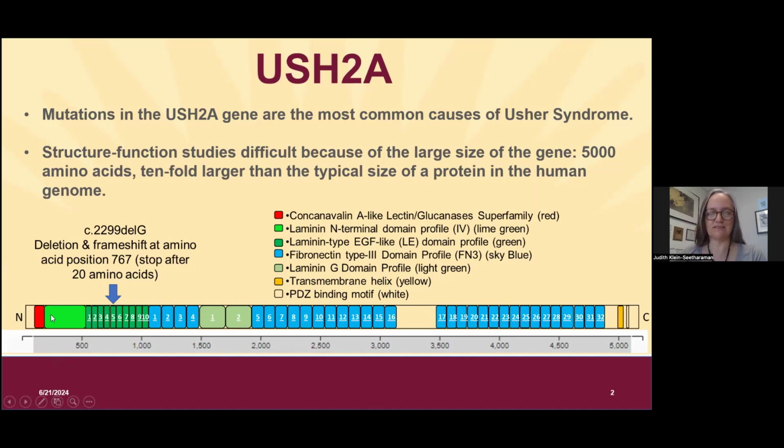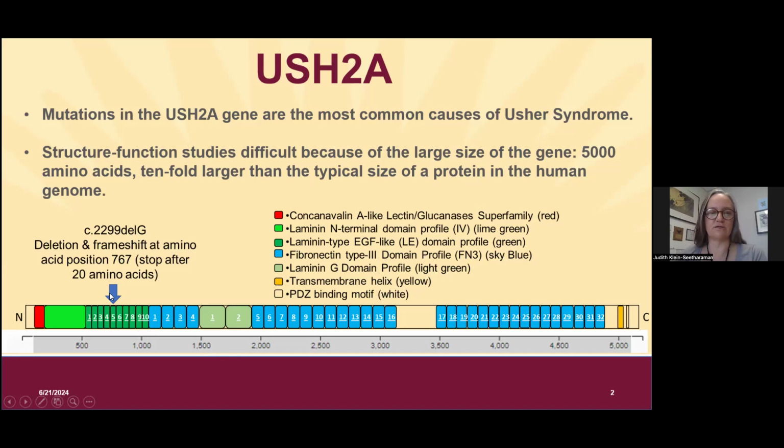And so you can see that there is some domains here, for example, the laminin domain and laminin type domains. There's multiple repeats, but they're all facing the extracellular part, enabling interactions with extracellular matrix proteins.